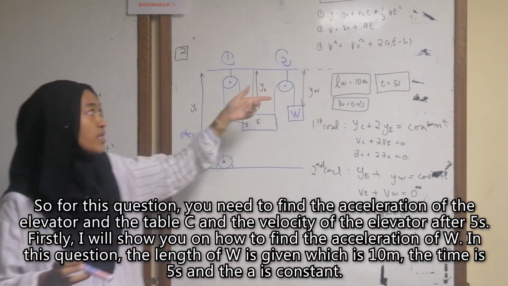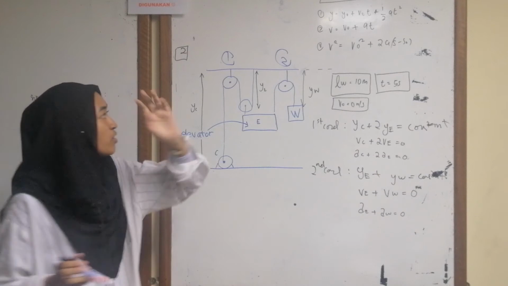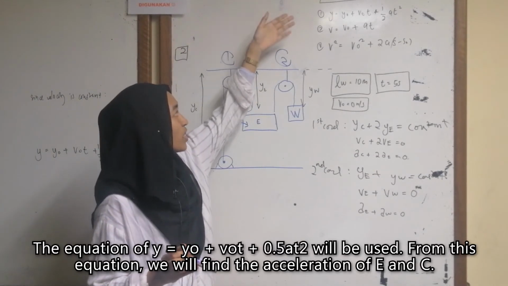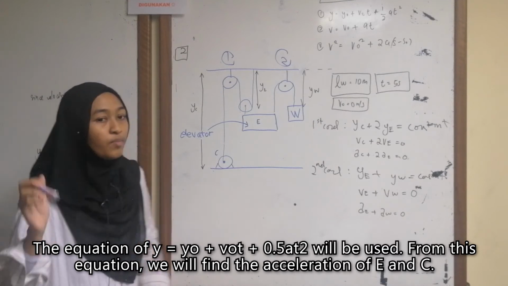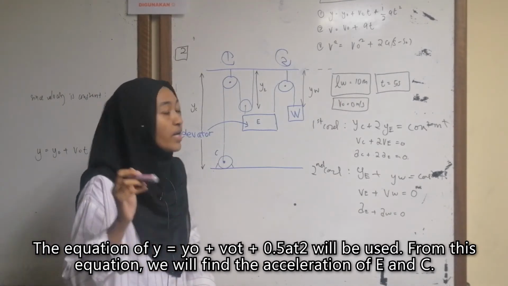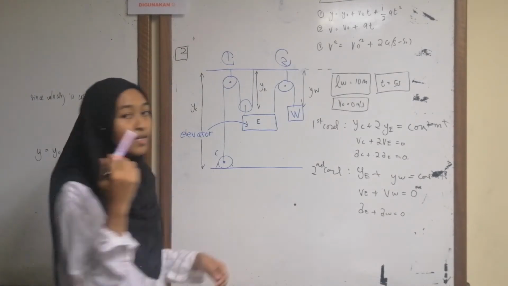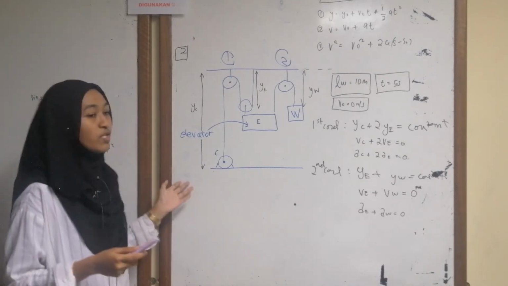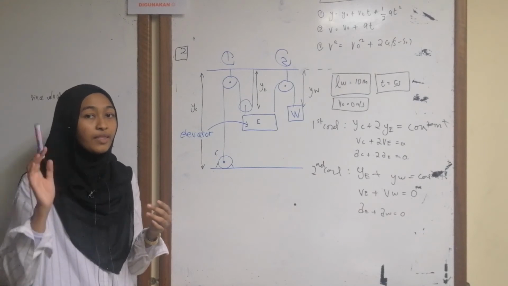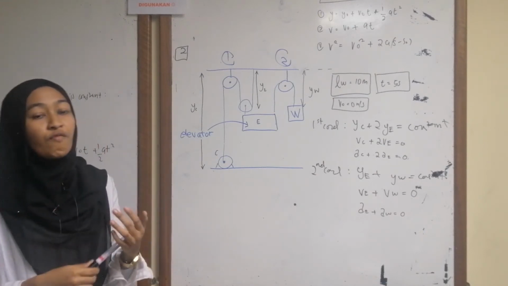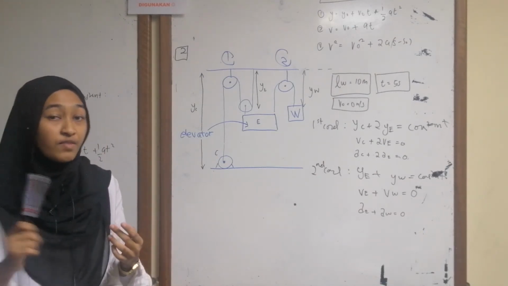When acceleration is constant, we can use this formula, Y equal to Y naught plus V naught T plus 1 over 2 A T squared, to find the A. For this question, we need to find the acceleration of the cable and the elevator, and also the velocity of the elevator after 5 seconds.